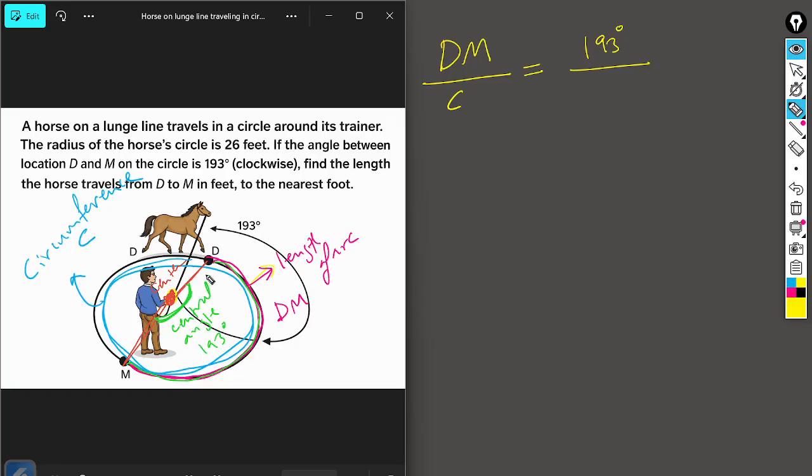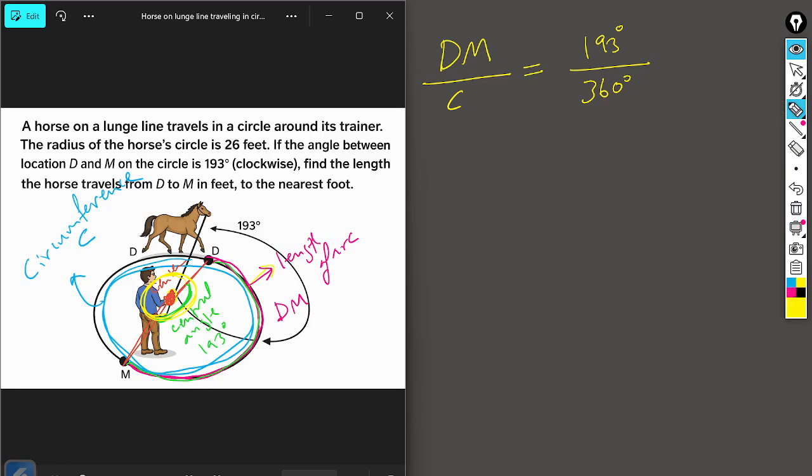But at the same time, this circle, as we said, the angle in this case is 360 degrees. So the angle 193 degrees is part of the whole circle, or the whole angle, which is 360 degrees. To find DM, we need to do a simple calculation.